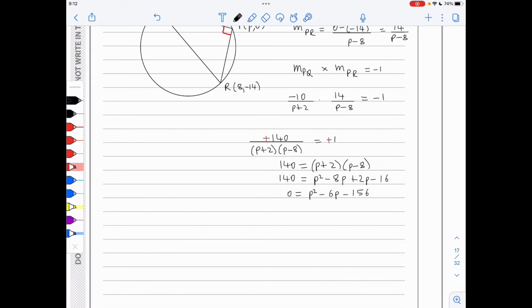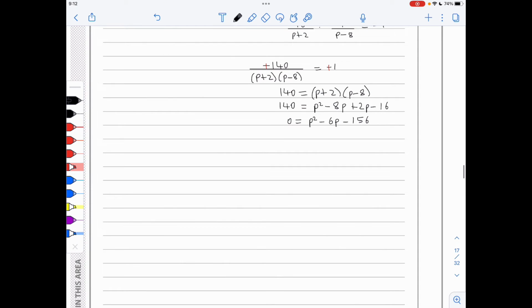And then I will use the quadratic formula here. P is minus negative 6 plus or minus the square root of negative 6 squared minus 4AC, over 2 times the coefficient of P squared, which is 1. This is giving me answers of 3 plus or minus the square root of 165.